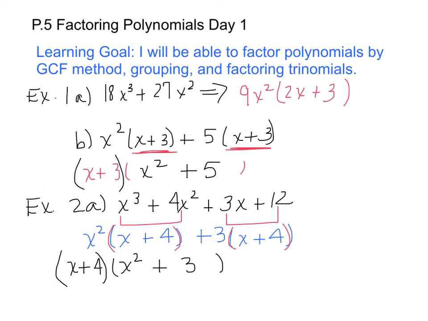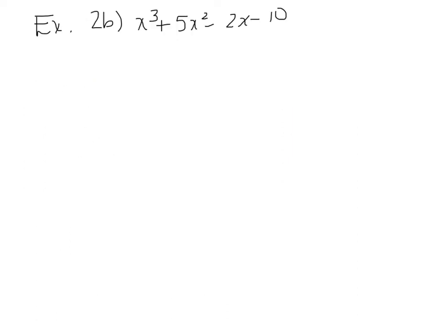Okay, I'm going to do another one. So this is another grouping. I'm going to group these two and these two. And in the first two terms, we have an x squared in common. And then you're left with x plus 5. And in the second two terms, see this negative? You have to keep that sign. So I'm going to take out a negative 2.